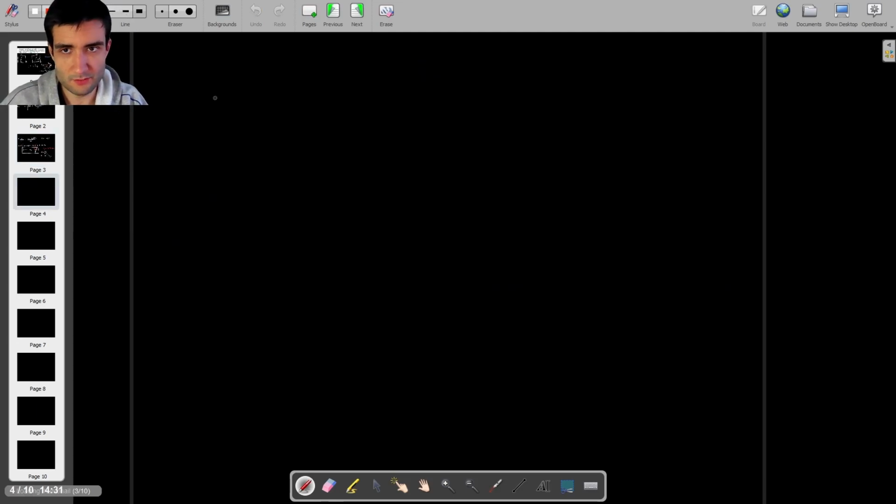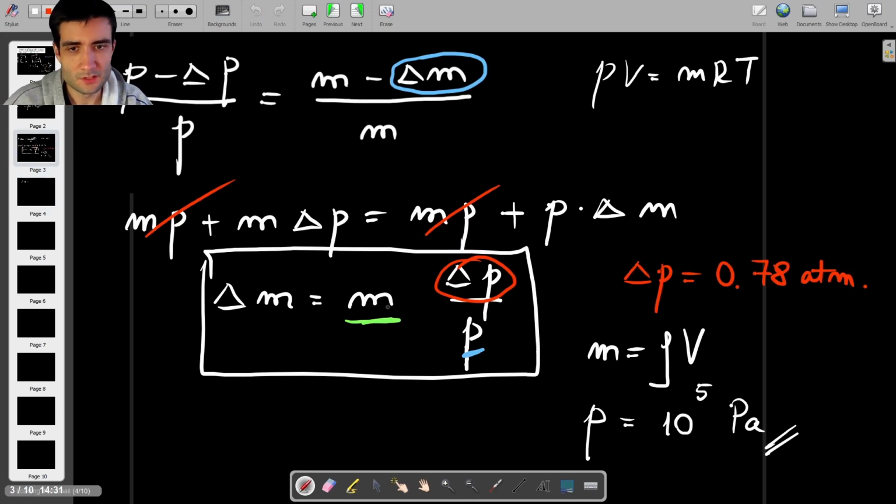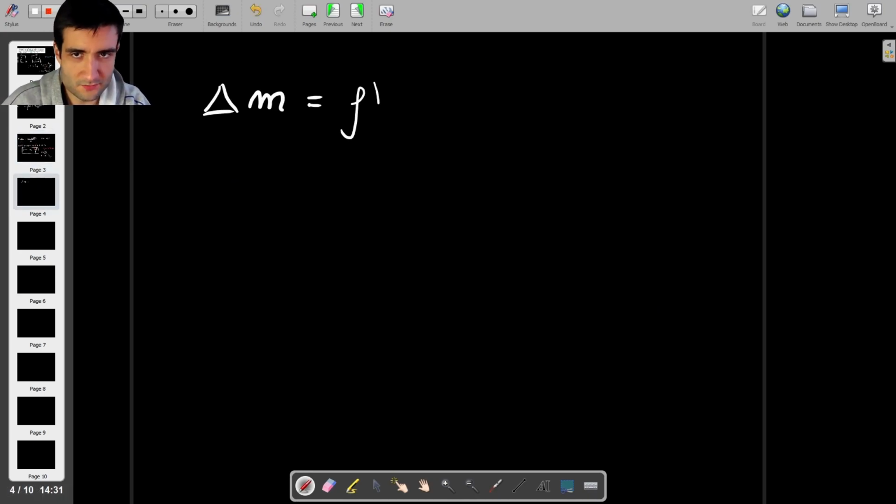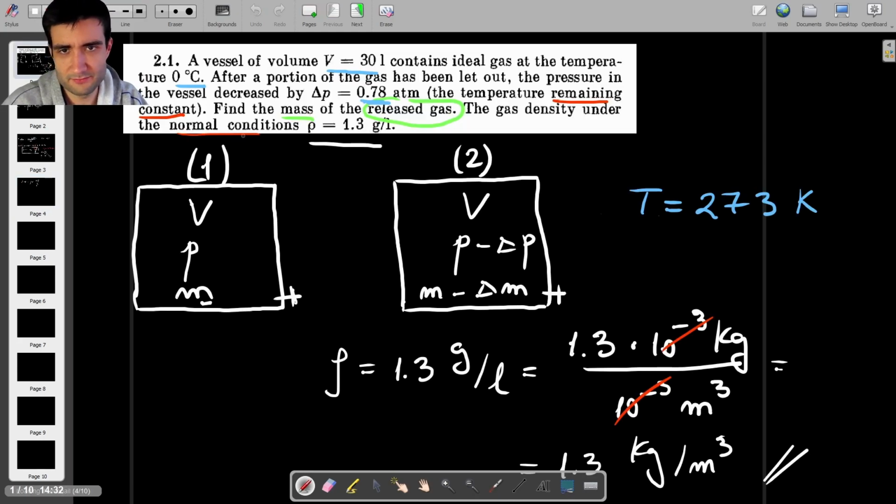Now that we know everything, we can put the numbers in here. We have this mass, which is rho times V, and then delta P over that P0 atmospheric pressure. Actually, we can leave the pressure in atmospheres because we have a ratio.